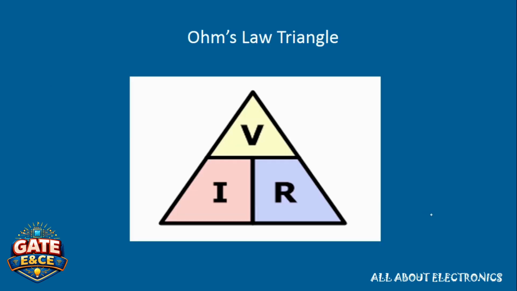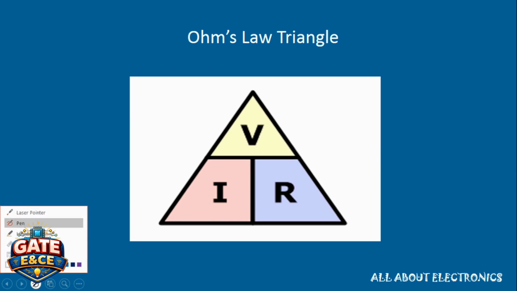So basically this Ohm's law is a relationship between the voltage, current and the resistance. If you know any two of the quantities, you can find the third one.